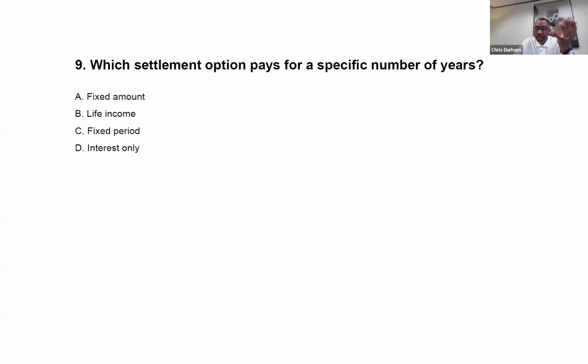So when they settle a claim, they're going to pay the face amount of the policy. The client actually has 5 different ways they can get the money from the insurance company. The acronym is CLIFF: cash, life income, interest only, fixed period, fixed amount. And this answer obviously was fixed period.